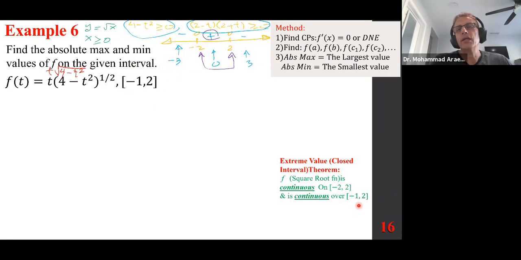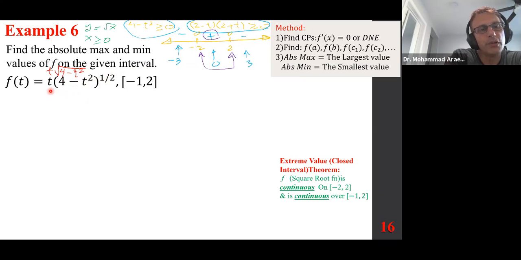First step is to find the critical point or points by differentiation. So let's do that. We are going to use this one to differentiate. It makes it easier. It is using the product rule. So t gives you 1 times the second piece. You just write it the way it is.